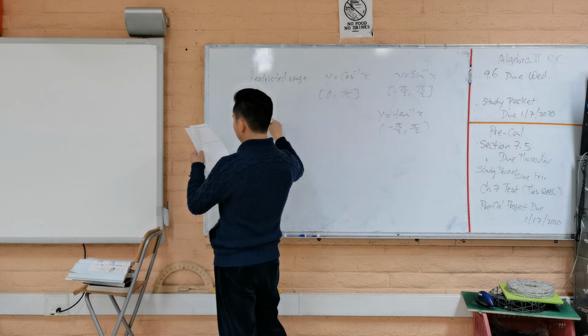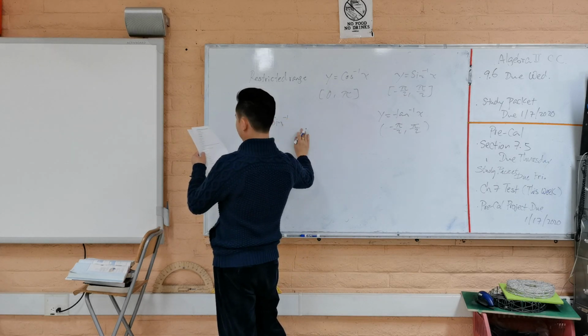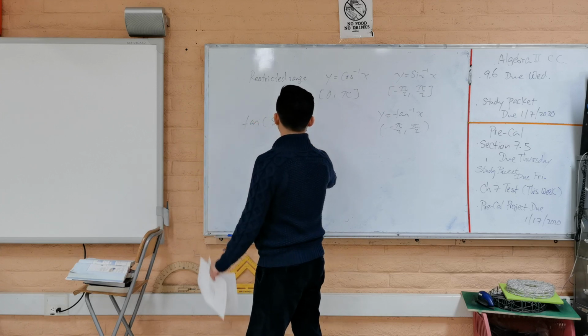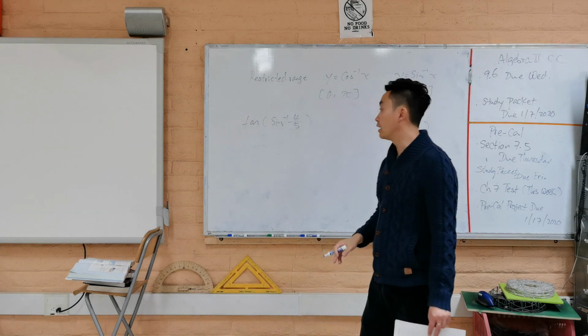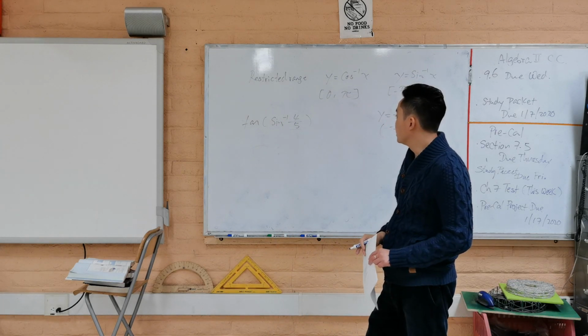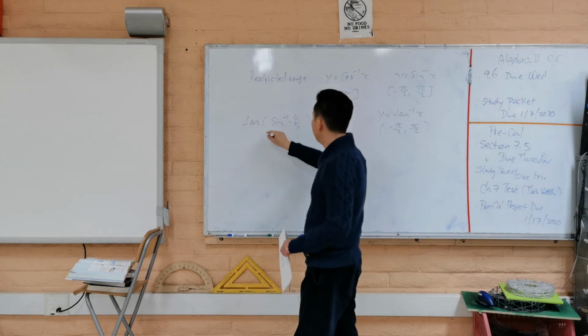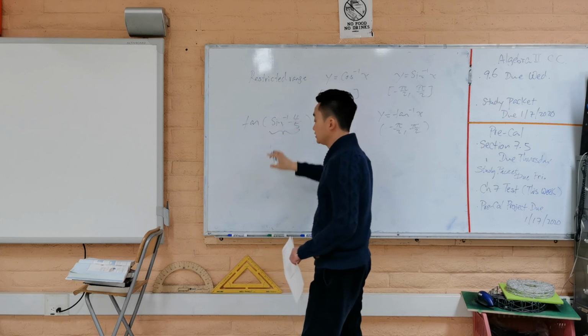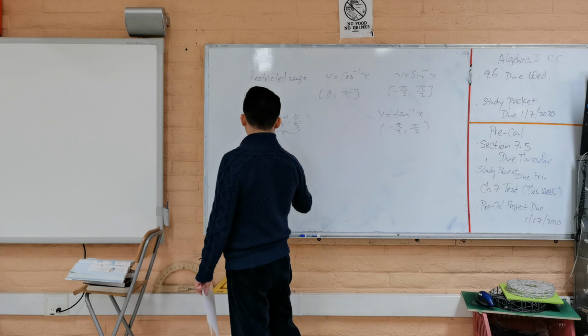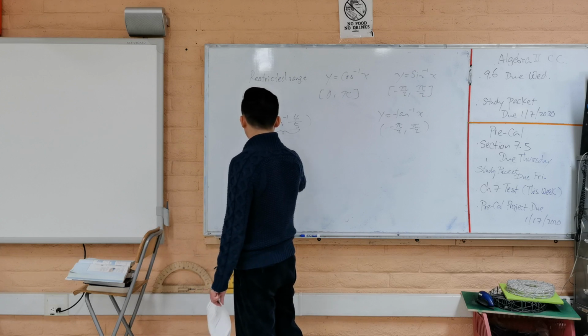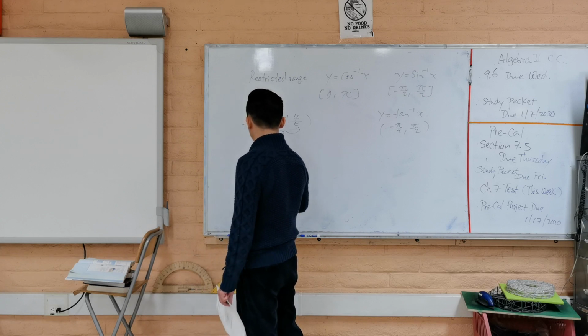Tangent of inverse sine of 4/5. So first thing that you want to find out is the restricted range of inverse of sine, which is from negative pi over 2 to pi over 2.